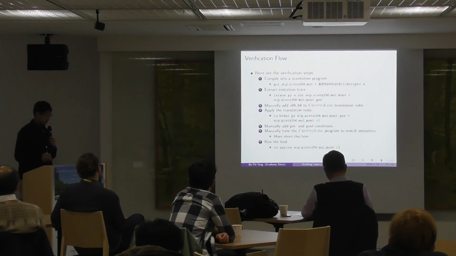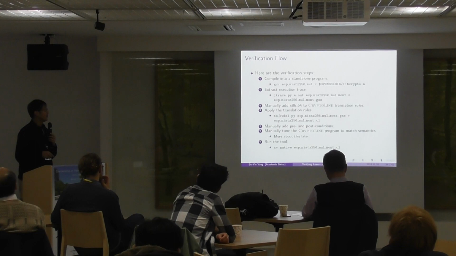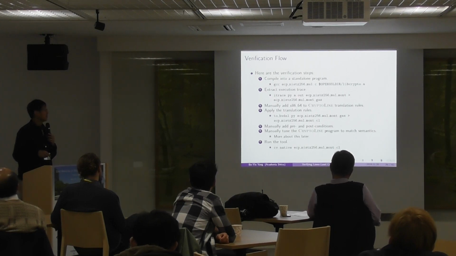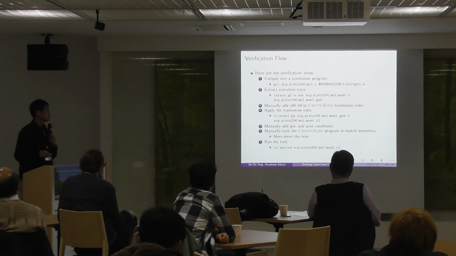Okay, so here is how it works. First, we compile your program and make it standalone, and we extract the execution trace using a script that we have. We extract from this point, so this subroutine, for example, ecp_nistz256_mul_mont.